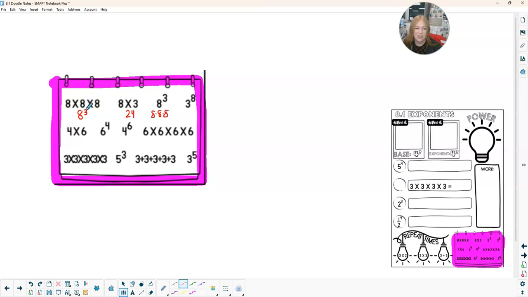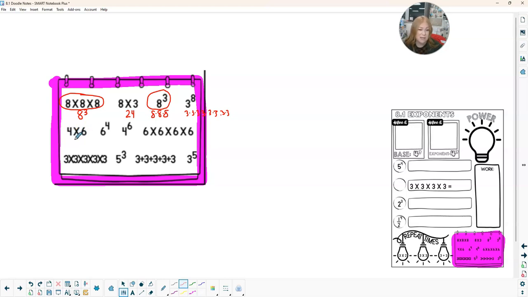Oh, those are matching each other. These are actually the same thing. And this one, 3 to the 8th would be 3 times 3 times 3, 4, 5, 6, 7, 8. So the two that are the same is this one and this one. We have to be careful, just because they have the same numbers doesn't mean they are the same thing.